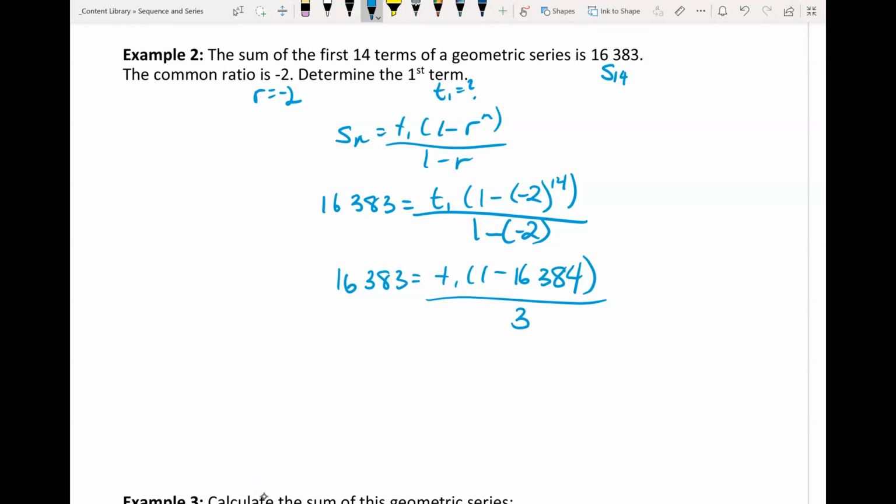I'm going to multiply both sides by 3. And I'm going to simplify what's in the bracket, so that's 1 minus 16,384, which is -16,383. Then we're going to divide both sides by -16,383, so T1 then is -3.